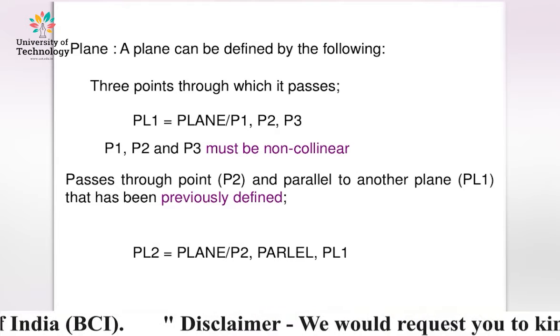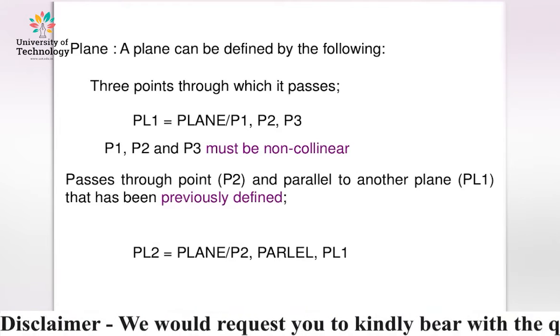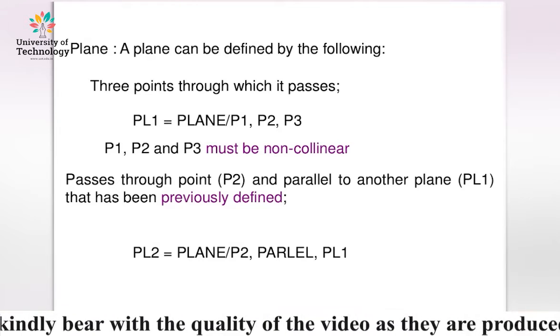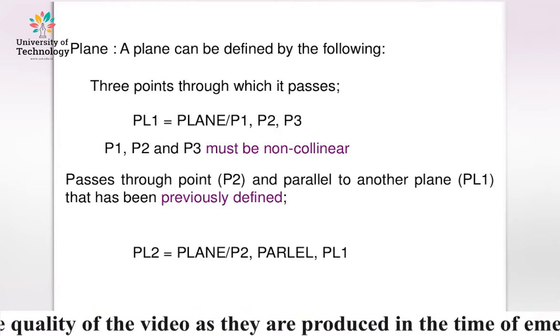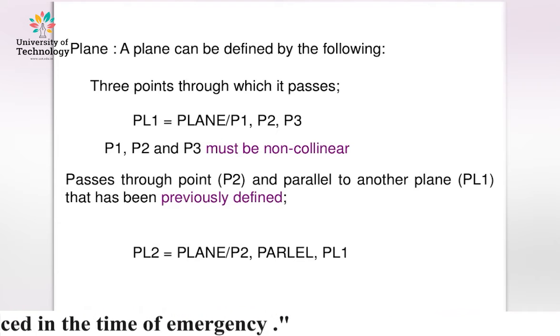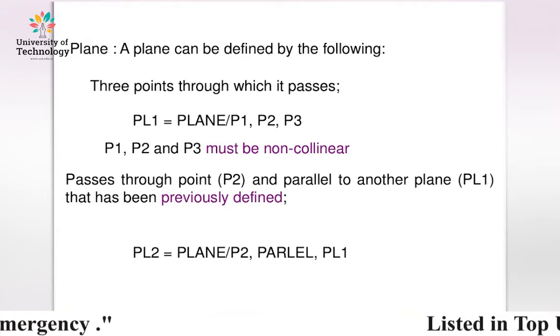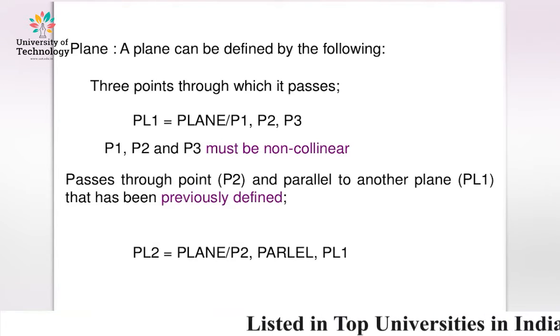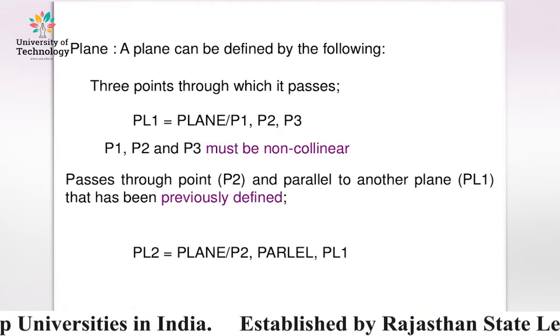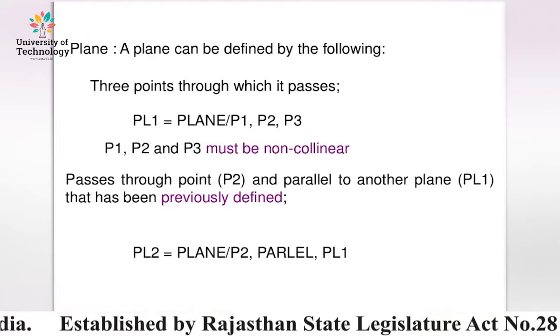Or a plane that passes through point P2 and is parallel to another plane PL1 that has been previously defined: PL2 equals PLANE slash P2, comma, PARALLEL, comma, PL1. That is the writing method of this statement in APT language.